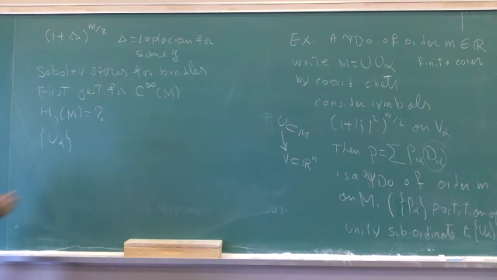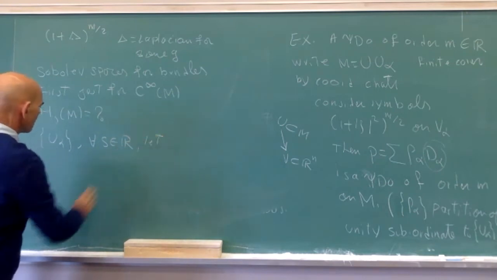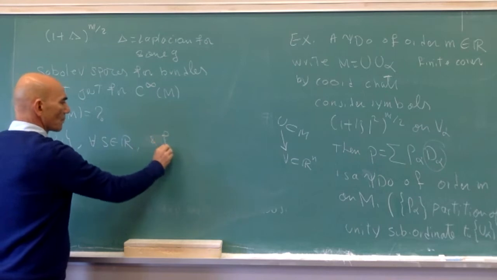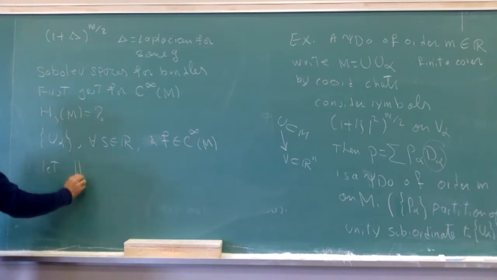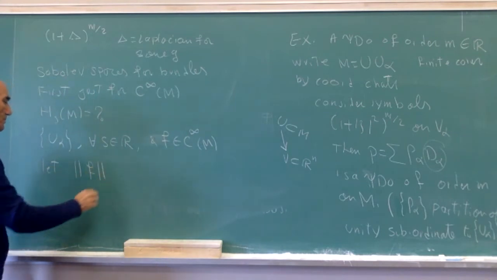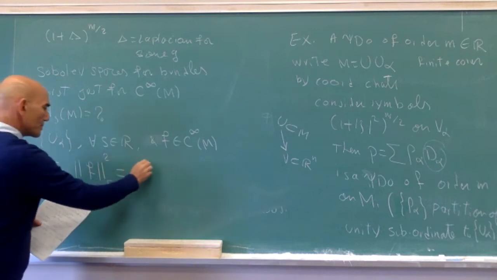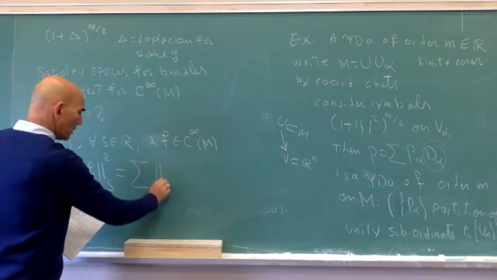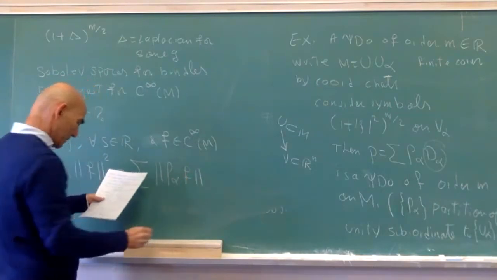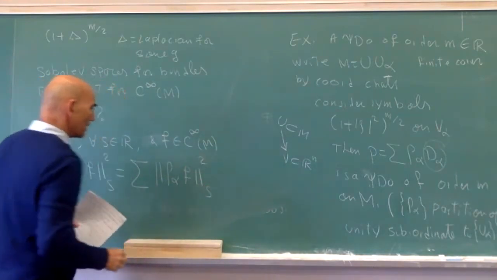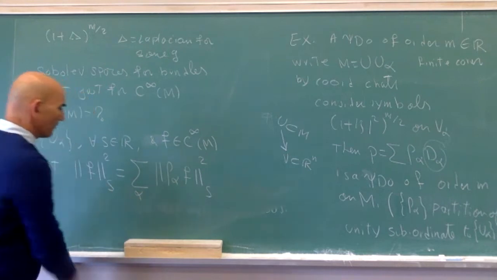Then we can define the following norm. For any s belonging to R and f belonging to C infinity of M, let the norm of f, say squared s, be equal to the sum over alpha of the norm of rho alpha f squared s.